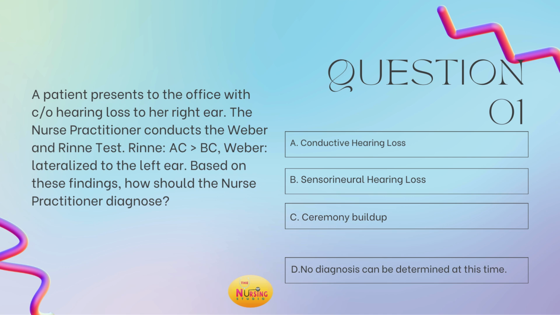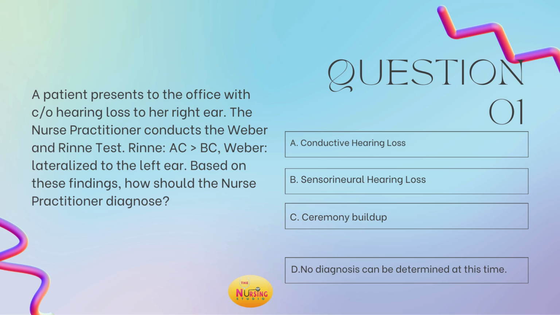All right, I always recommend reading the stem of the question first to ensure that you are slowing down and answering truly what it is asking you, right? So here, the stem of the question states, based on these findings, how should the nurse practitioner diagnose? All right. So when they're talking about diagnosis, I always tell y'all to run it back and look at the assessment findings. So this patient came in complaining of hearing loss to her right ear.